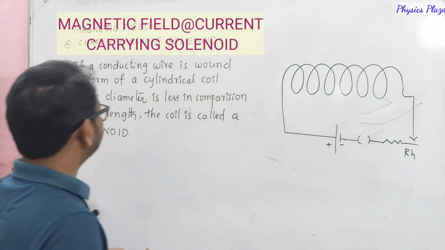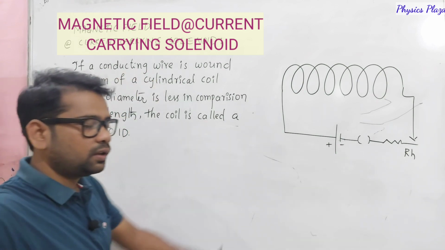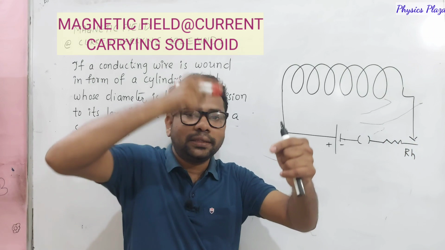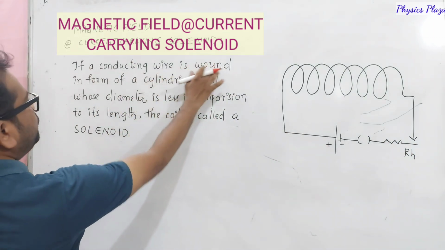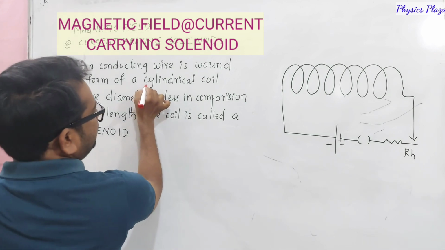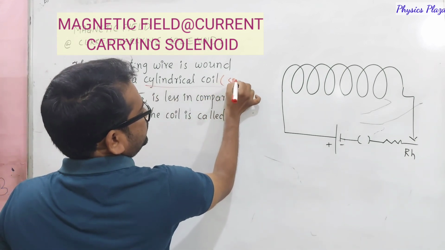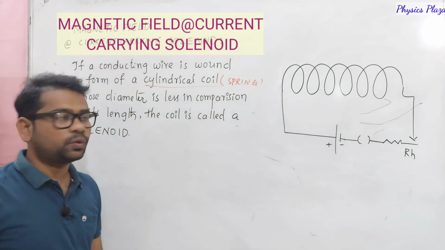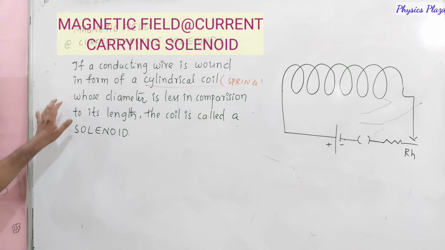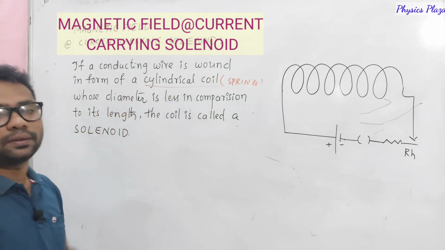So look at here how the definition will be. If you take a long conducting wire and it is wound in the form of a cylindrical coil, like a spring, children, spring shape, you know? And such that its diameter is less in comparison to its length.